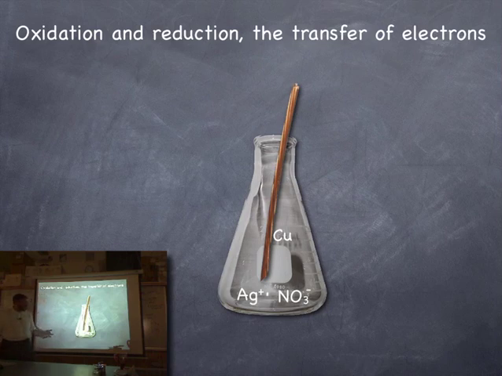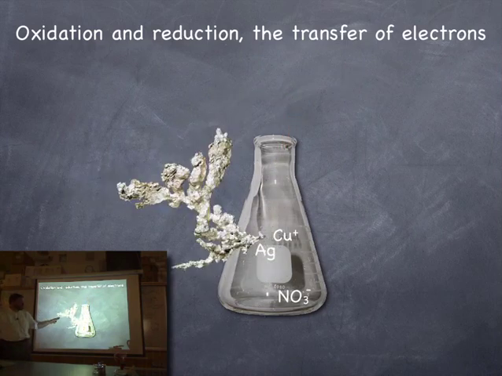When the silver ions bump into the copper, they will literally pull electrons off of the copper, and the silver will change into silver metal. We transfer an electron from the copper to the silver. That is the key thing that we look for in an oxidation-reduction reaction. The copper will dissolve into the solution, forming silver metal.